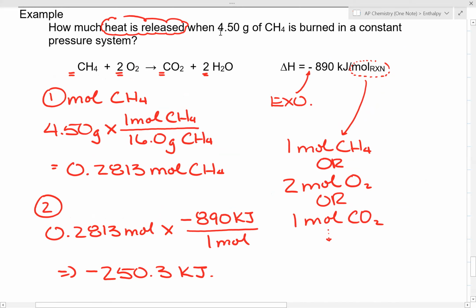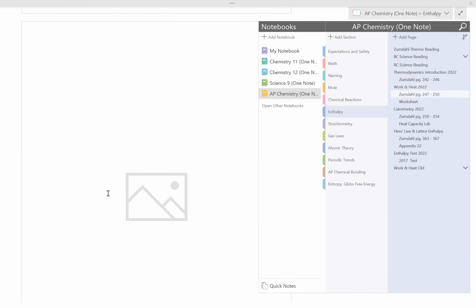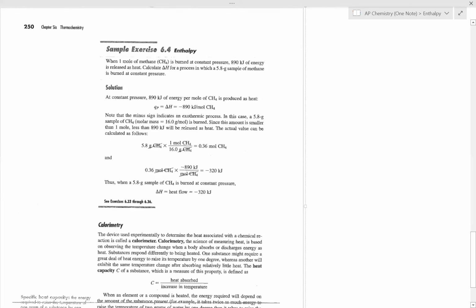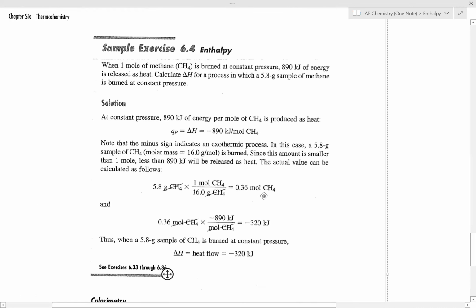Now, if you take a look at your textbook, on page 247 they give you an example. Oh, look, it's almost the exact same question.